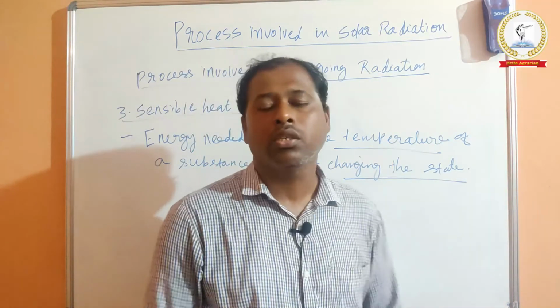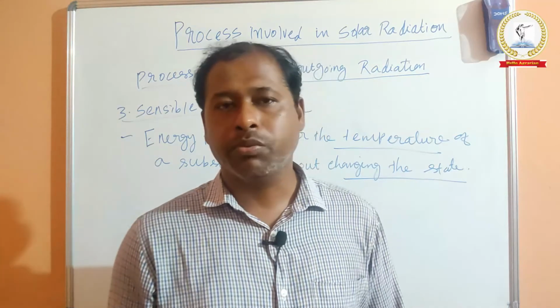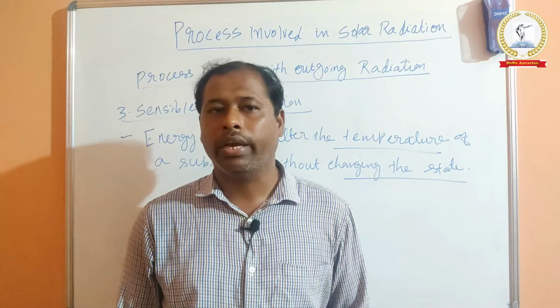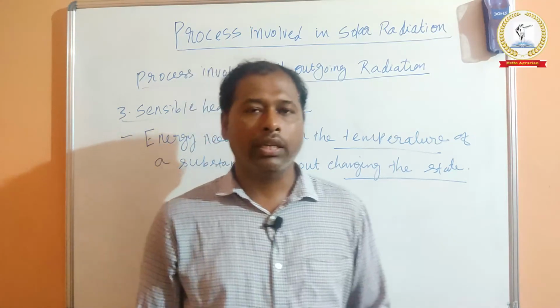Okay, so we just need energy to increase or decrease the temperature only, and the substance phase remains the same. Okay, it is possible by absorption of sunlight by the land surface, or even the air is warmed up by gaining the heat.